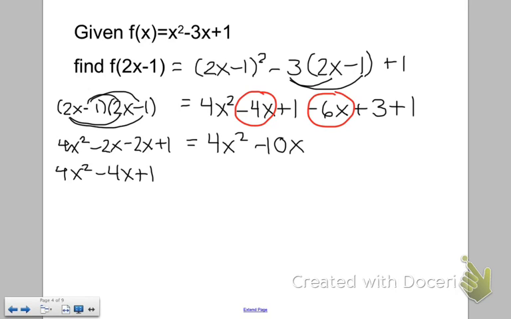And if I look at my constant terms, I have a 1, a 3, and another 1. So that's going to give me plus 5. So f of the quantity 2x minus 1 is equal to 4x squared minus 10x plus 5.